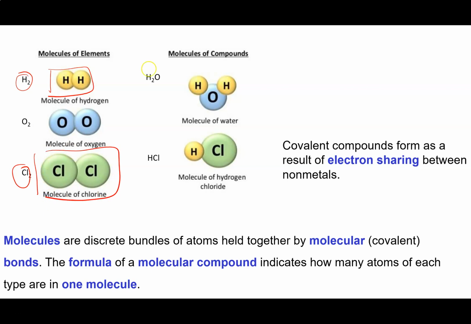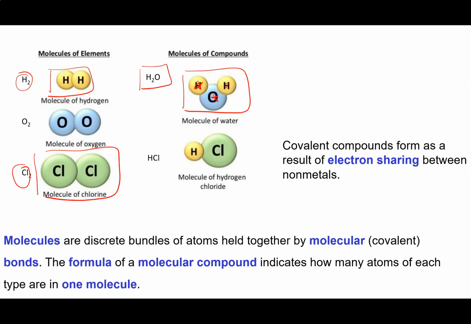If we look at a compound where we have different atom types, something like H2O, this formula is indicating to us that in each molecule of H2O, there are two hydrogen atoms and one oxygen atom. Yeah, that's an important idea.